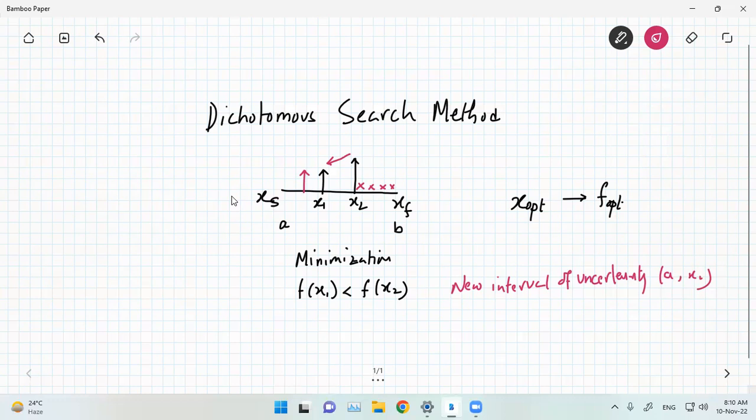The bottom line is, if you have this scenario, again two more points are taken, and if they are equal, then we take the middle one, the average. If one of them is smaller than the other, say we have something like this, then we can take the decision that our new range will be, if this is your x3, in between x3 and x2. So gradually we are going to reduce the interval, discarding this portion.